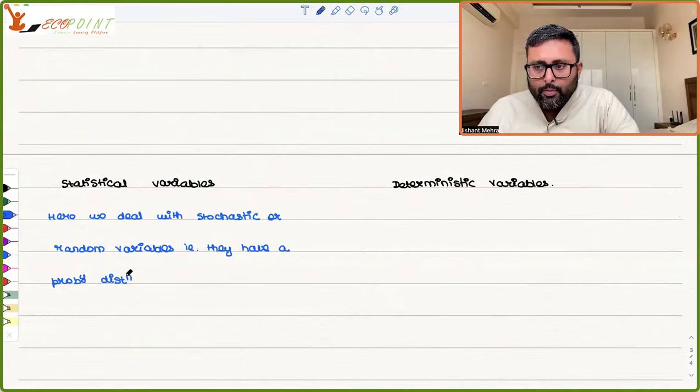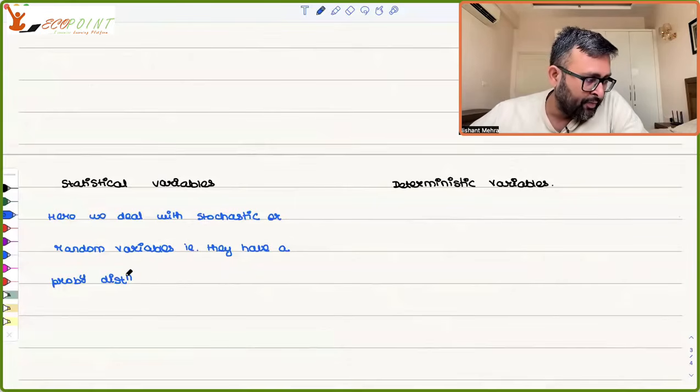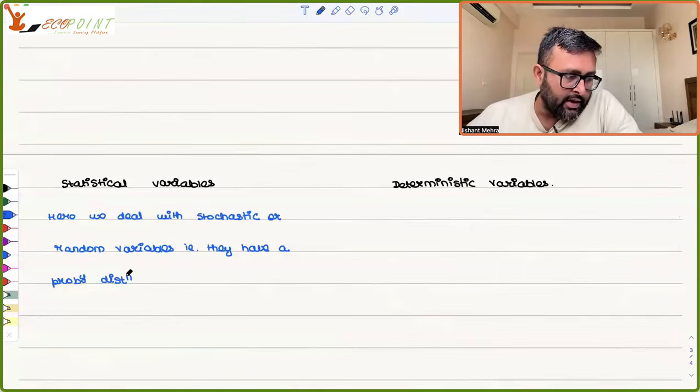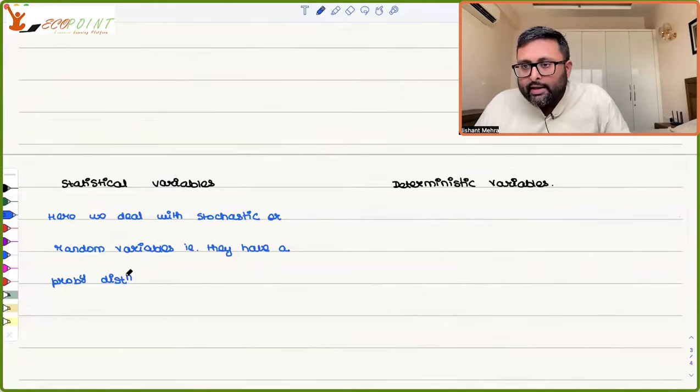You don't know exactly how much rainfall is going to be there, and you can't tell that this amount of rainfall and soil moisture will produce exactly this amount of crop. There is bound to be some random variability in the dependent variable. How much crop output is going to be there, you don't know. That is random.